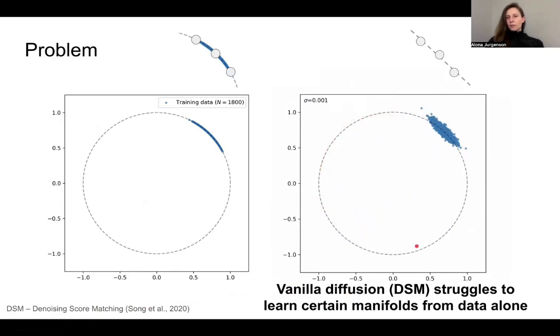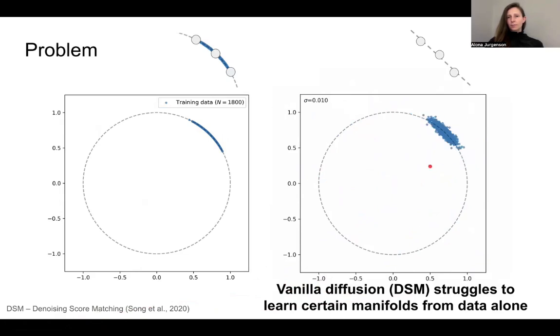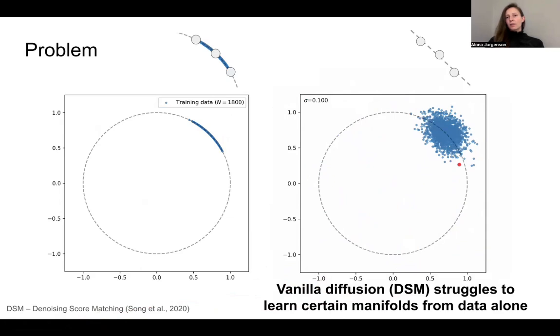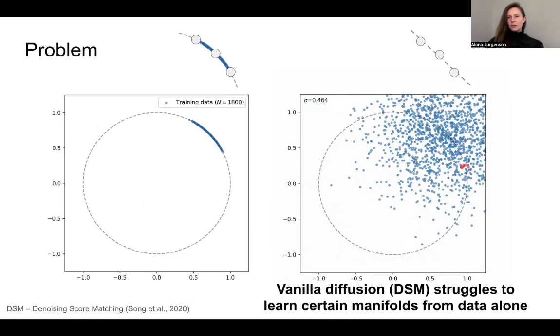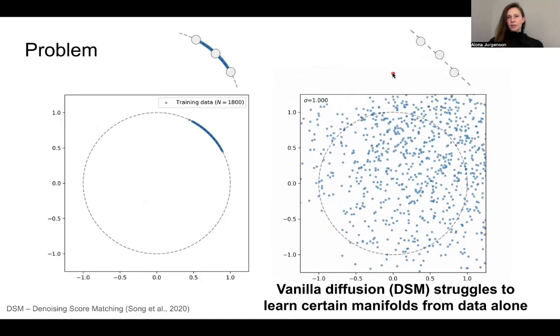And so the vanilla approach should not be expected to easily identify this, if not implicitly from the data set. So the only way it can learn it is implicitly from the provided data set. And you can imagine that if there isn't enough data, it might not be able to tell what the actual manifold looks like.